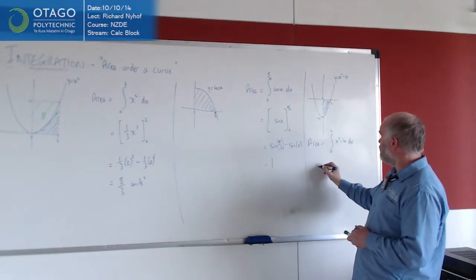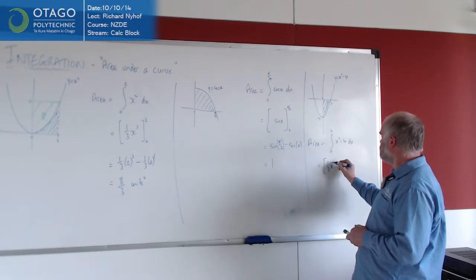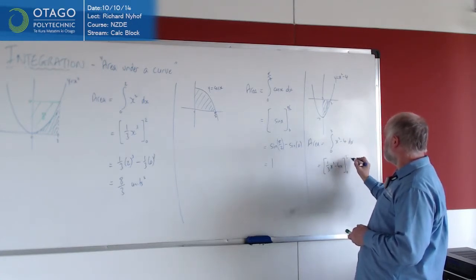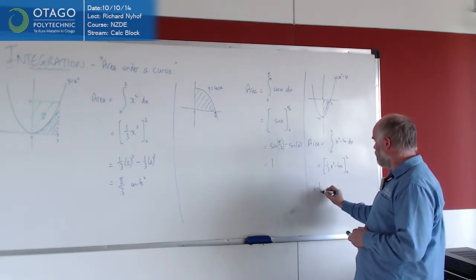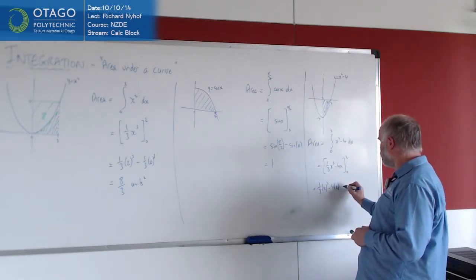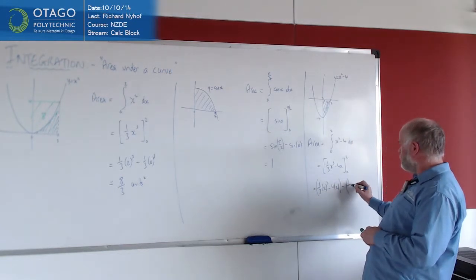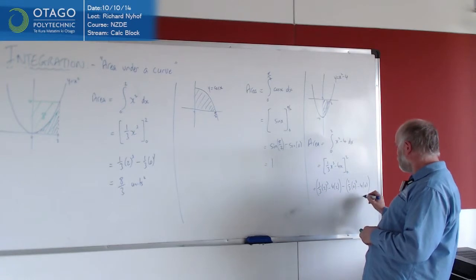So we do the integration: 1/3 x cubed minus 4x from 0 to 2. We stick the 2 in, so we get 1/3 of 2 cubed minus 4 lots of 2, minus sticking the 0 in: 1/3 of 0 cubed minus 4 lots of 0.